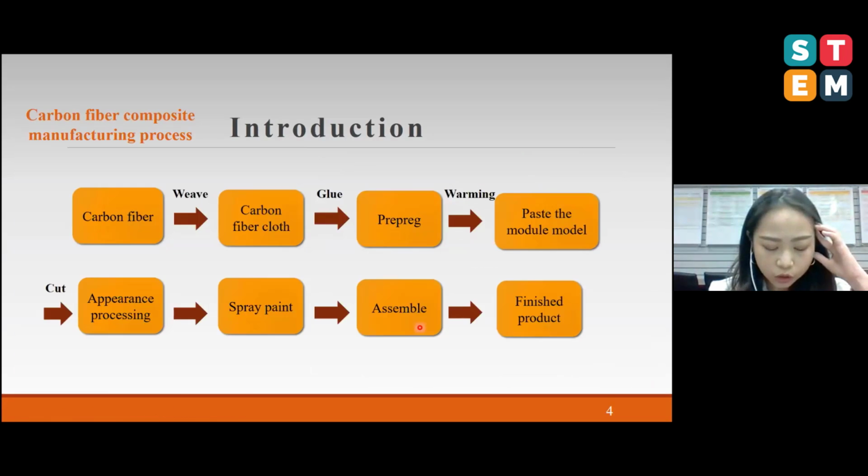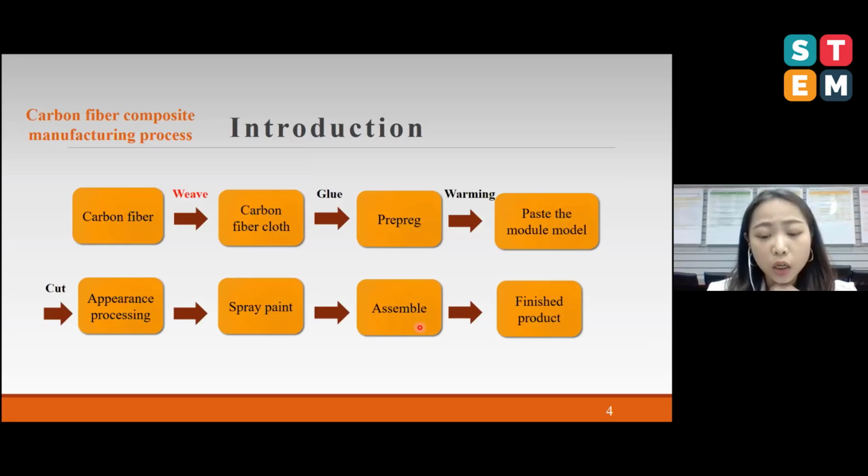And let's move on to the carbon fiber composite manufacturing process. A material composed of two or more materials is called a composite material. Carbon fiber composites are made by weaving carbon fibers into carbon fiber cloth and then coating thermoplastics.